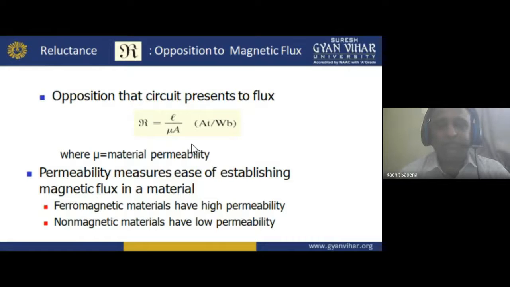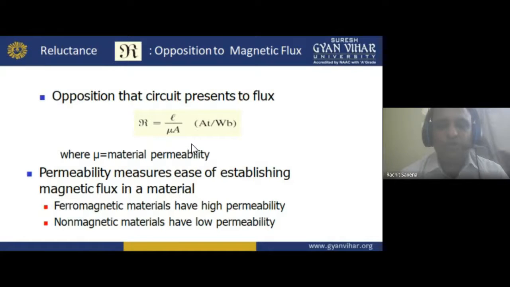We can also call the unit ampere turn per Weber, because reluctance is related to the MMF. And MMF is the magnetomotive force, a product of turns and current, which we also call ampere turn. So reluctance is basically ampere turn per Weber, where mu is the material permeability.